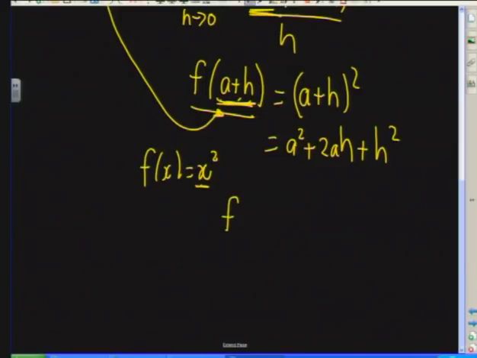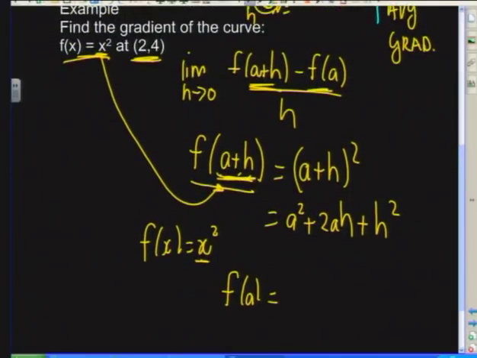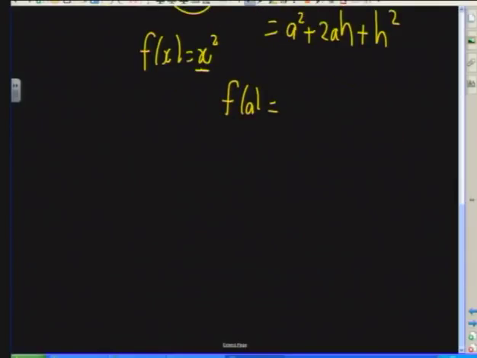And then to find f of a, which I need because the formula says I need to subtract f of a, I simply put that a into the formula of my function, and I get a squared. So f of a is equal to a squared. Now let's put it all into the gradient formula again.